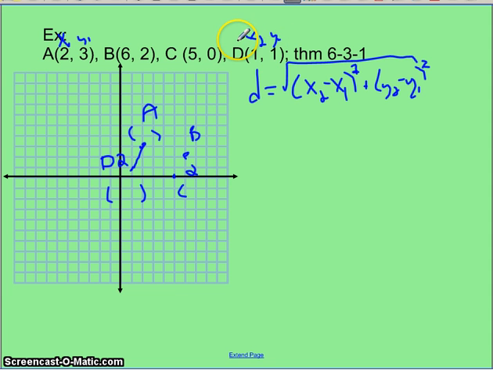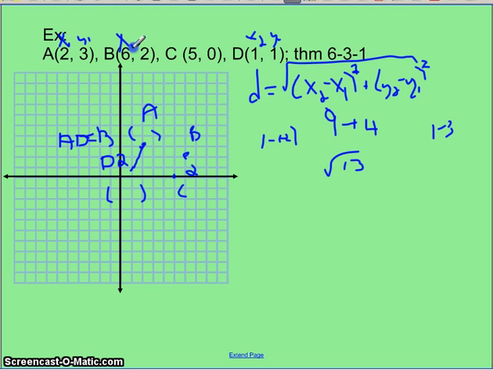So let's see. I've got to go a 1 minus a -2, which would give me a 3. 3 squared would be 9. Plus, I'd have a 1 minus a 3, which would be a -2. -2 squared is going to be a 4. So we're going to have the square root of 13 for this distance right here. So AD would equal the square root of 13. Now we got to do the other side, which is BC.